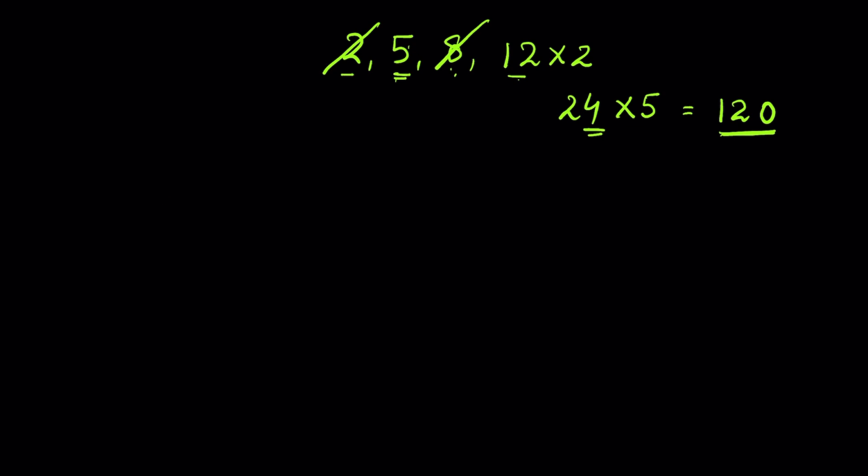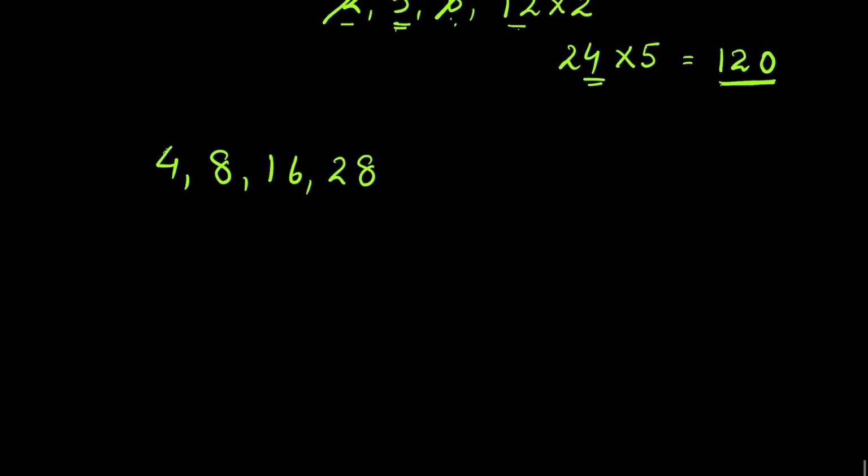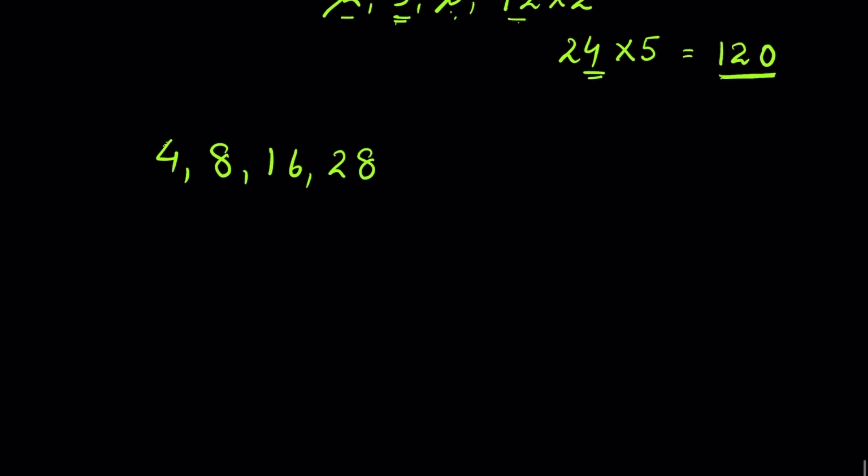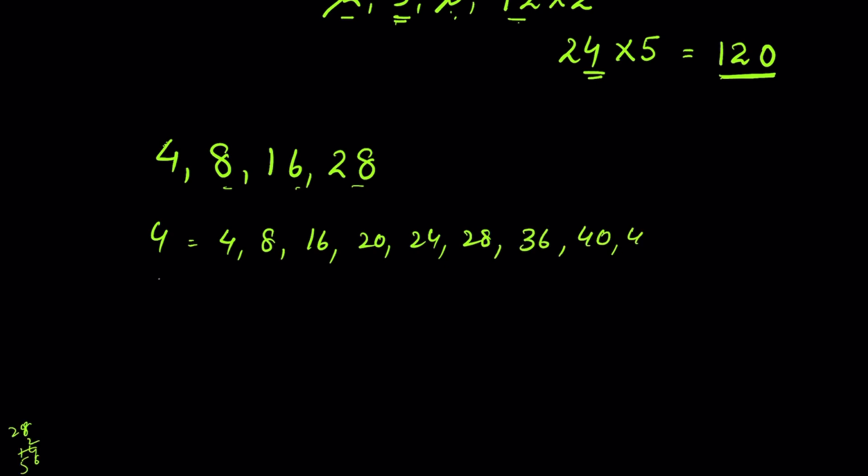How do you find the LCM using the common multiple method? If you have to find the LCM of 4, 8, 16, 28, then we list the multiples of 4, and we go on listing the multiples of all the numbers till we find a common multiple. Multiples of 4 are 4, 8, 12, 16, 20, 24, 28, 32, 36, 40, 44, 48, 52, 56 and so on.